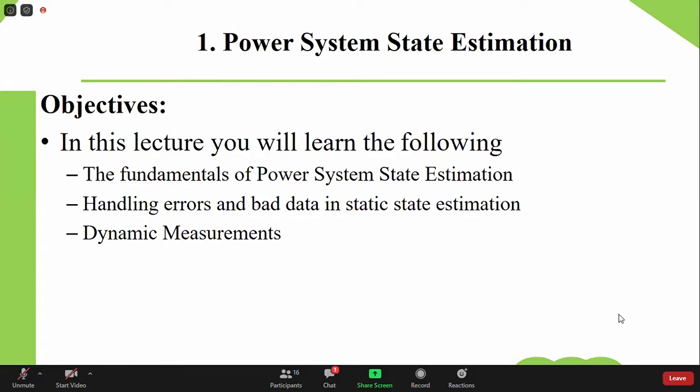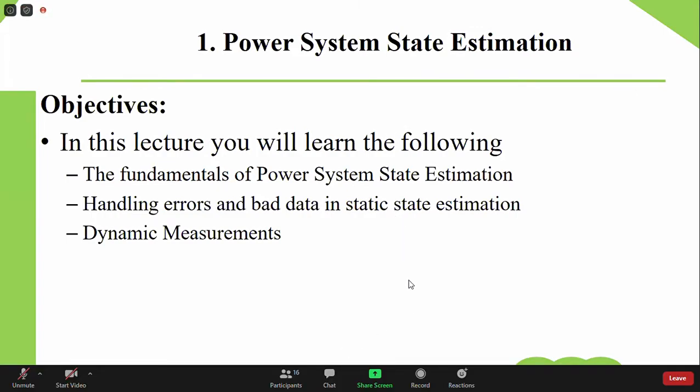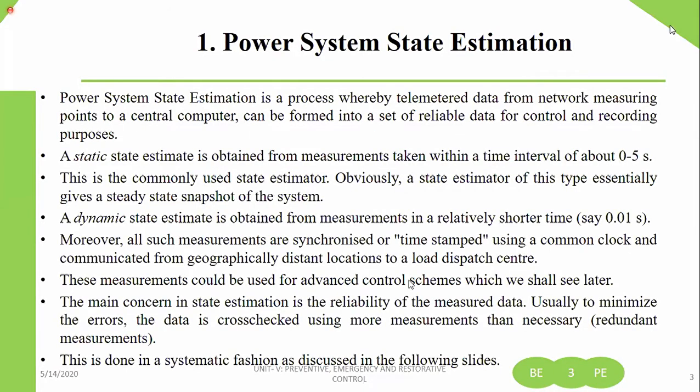When you carry out state estimation and somebody gives different data, there will be error. How to handle that, or what we call bad data, we will carry out. Then this static state estimation has certain limitations, so we will go for dynamic measurement. If you are able to understand these 3 objectives, then it will be more than enough for today's lecture.